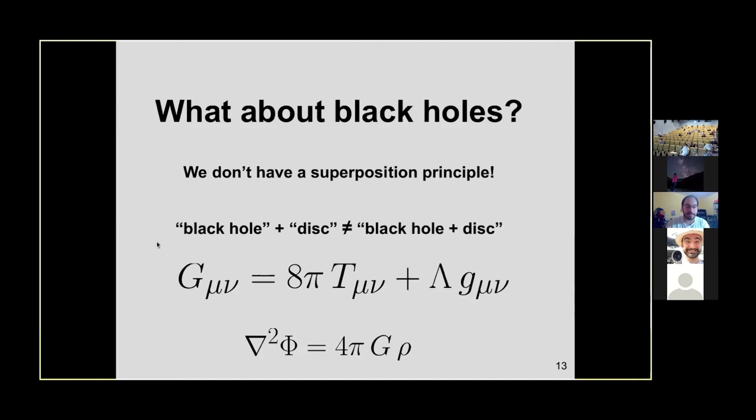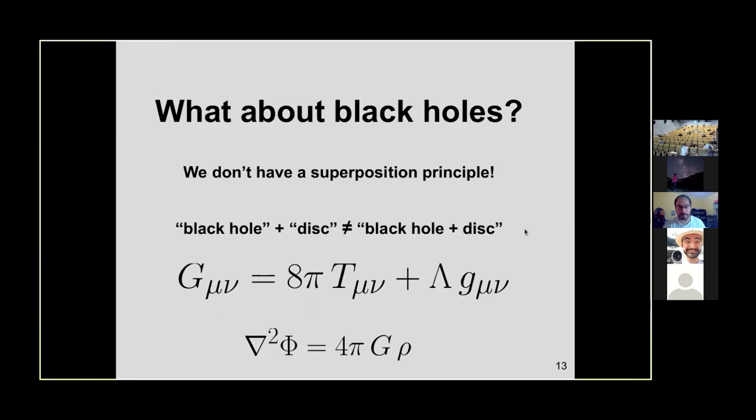So what happens is that if I have a black hole solution and a disk solution, and if we add things, we will not obtain a black hole plus disk solution. The system must be solved jointly. The metric will be only one. So if we want to construct a black hole plus disk solution, we have to do something else.